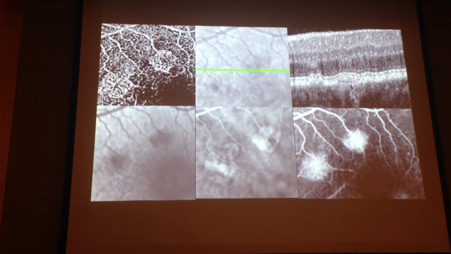Here you actually see something at the level of the normal OCT, and then the autofluorescence, fluorescein and ICG, and just to note where the cut was taken.